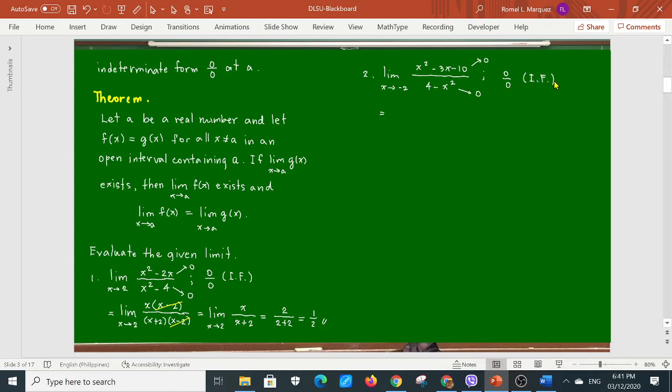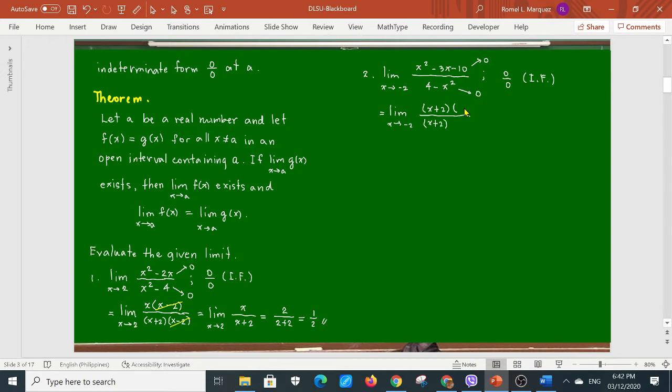Okay? So what do we do? We apply what algebra technique? Factoring, no? Try to factor the numerator and the denominator. Since it is 0 in the numerator and denominator when x is equal to negative 2, it means x plus 2 is one of the factors. So this is also x plus 2.